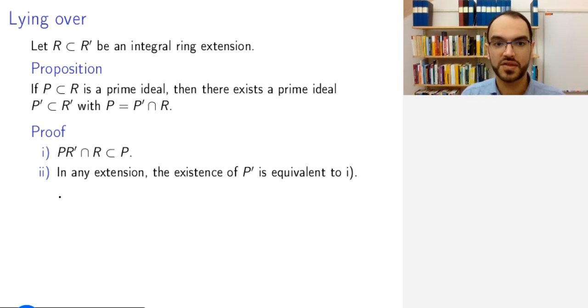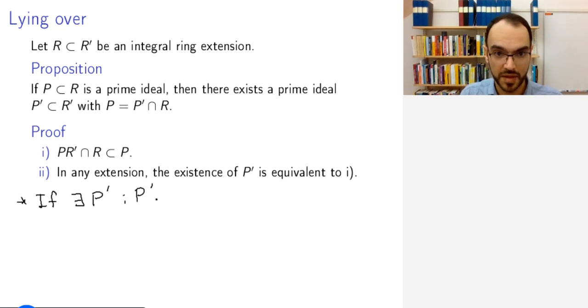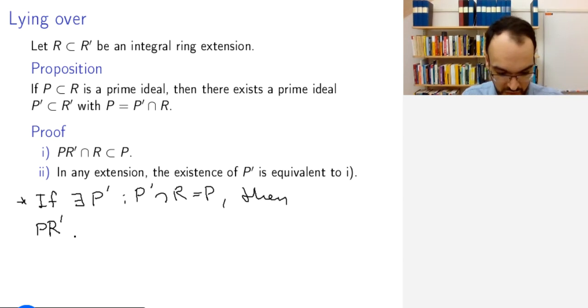But, okay, so we want to show that such a P prime with P prime intersect R exists if and only if one holds. So the first direction is that if there exists such P prime with P prime intersect R equals P, then we want to show that this holds, but this is just some sort of gymnastics of inclusions and whatnot. So we look at this intersection.